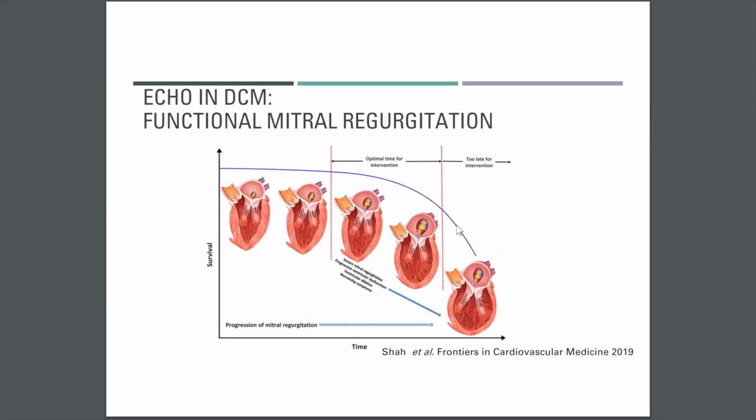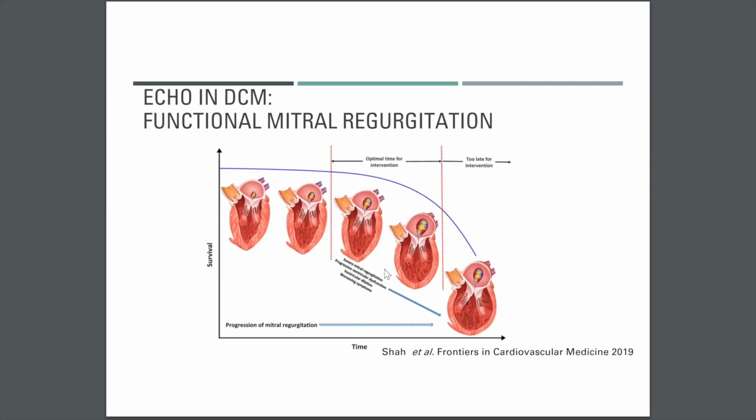Again, the reason this happens is that as the LV dilates, the papillary muscles get displaced more apically, and we tether the mitral leaflet more apically, causing a coaptation gap and resulting in secondary MR. And fortunately, now with modern technology like MitraClip, we can reduce the degree of MR and improve patient outcomes.